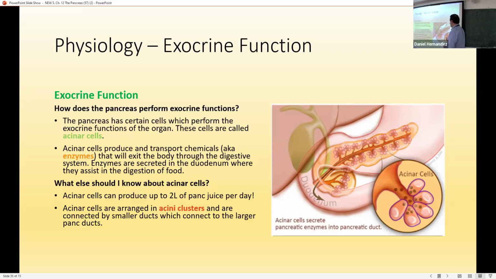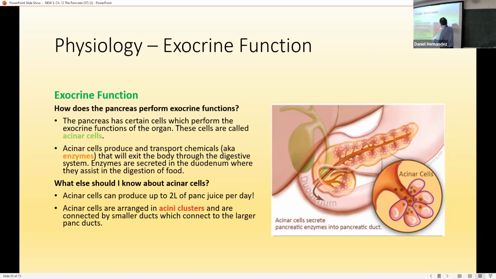The acinar cells produce about 2 liters of pancreatic juice per day. That's a pretty significant amount. The acinar cells are arranged in acinar clusters and are connected by smaller ducts which connect to the larger pancreatic ducts. Think of these cells like little clusters of grapes that have small drainage ducts.